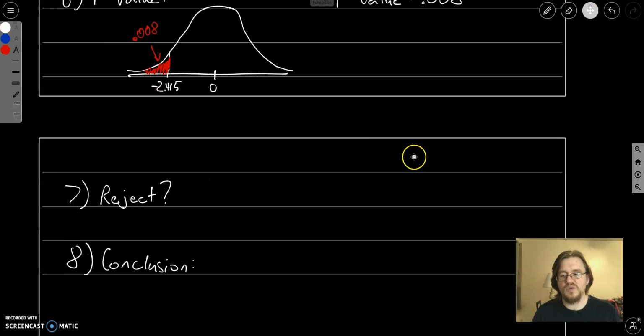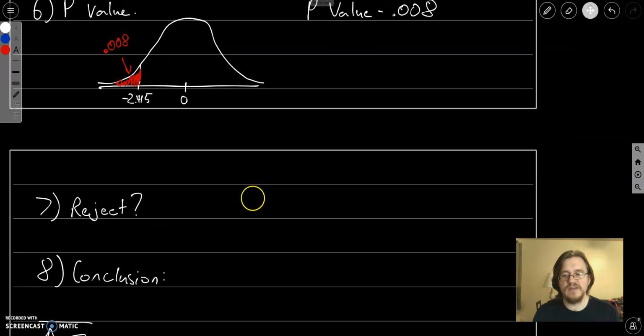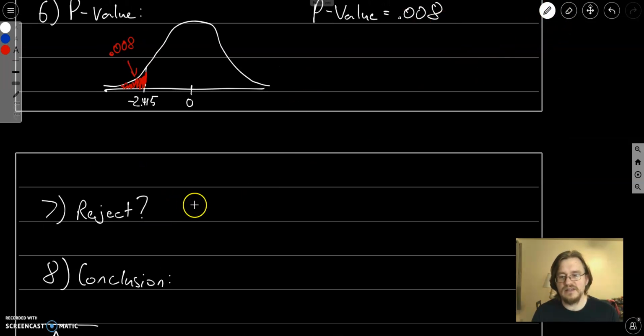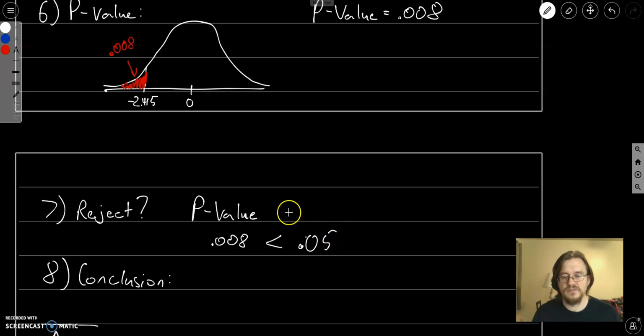Next, we want to see, do we reject this value or not? And since the p-value, which is 0.008, is less than our significance level, so p-value is less than alpha, we reject.